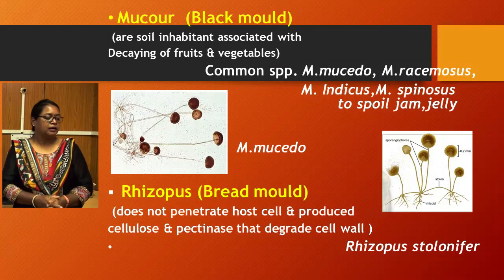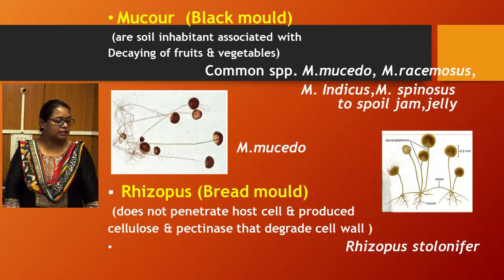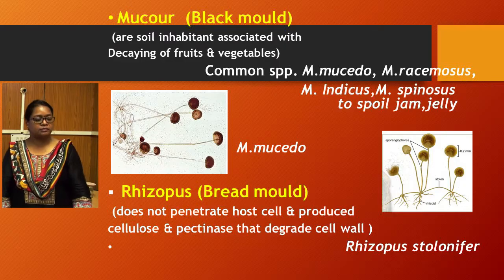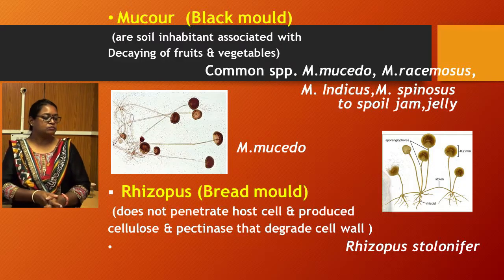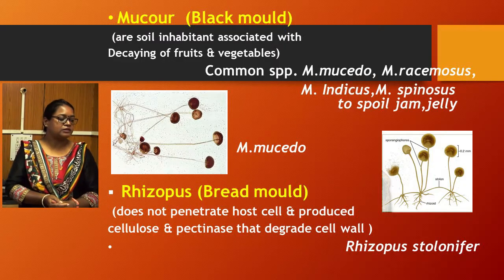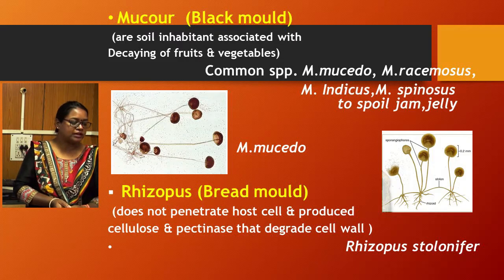In the family Mucoraceae, the 2 important genera are Mucor, which is also known as black mold. These Mucor are soil inhabitants associated with decay of fruits and vegetables.